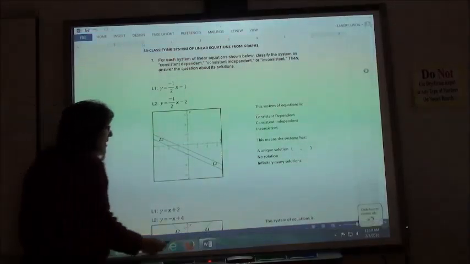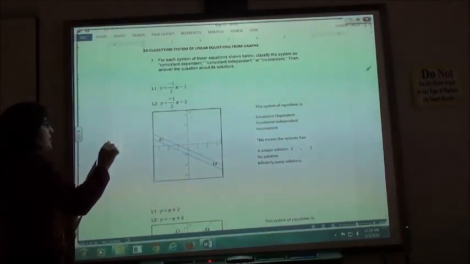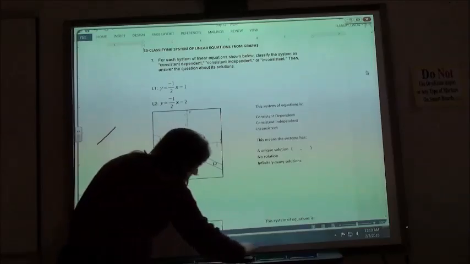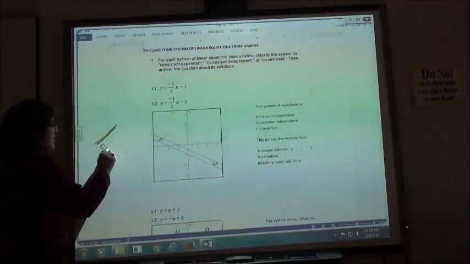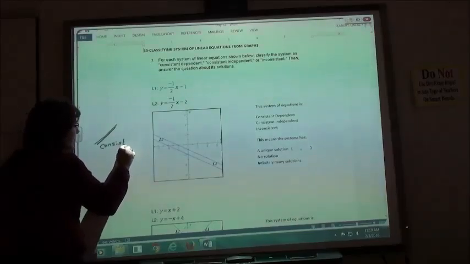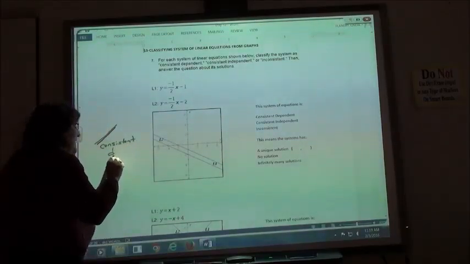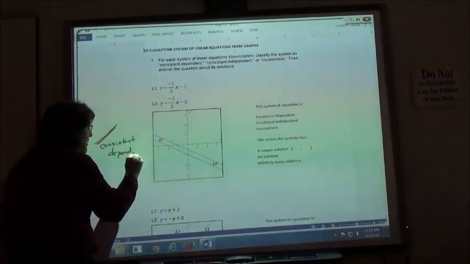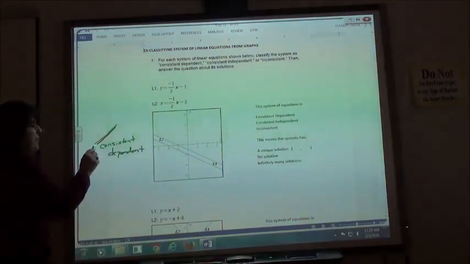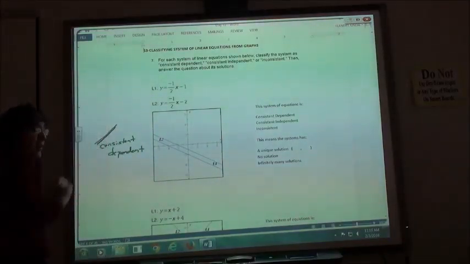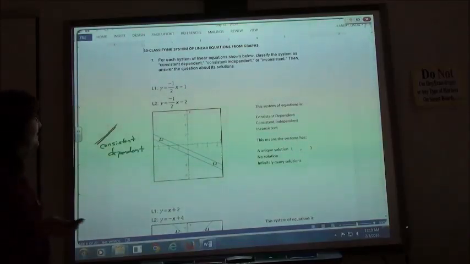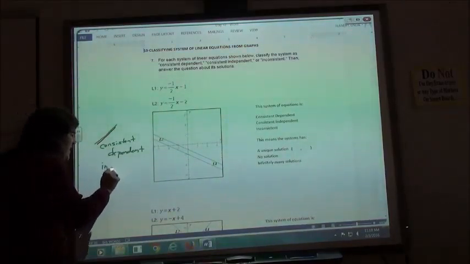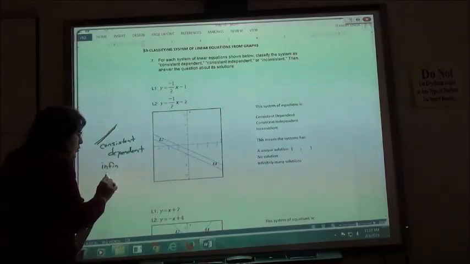If my one line is right on top of my other line, it is called consistent dependent. And what happens is every single point on the line is a solution to both of my equations because they're really the exact same line. So they're going to say that there's infinitely many solutions.